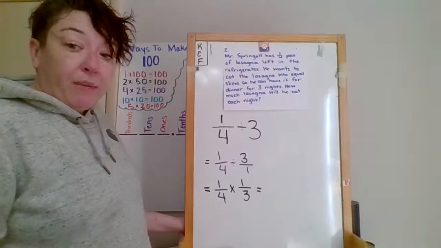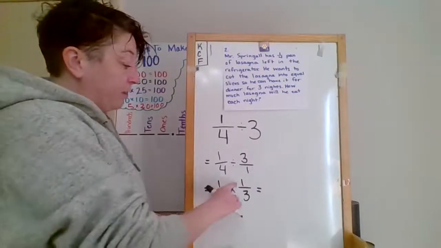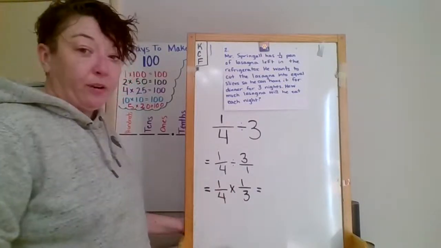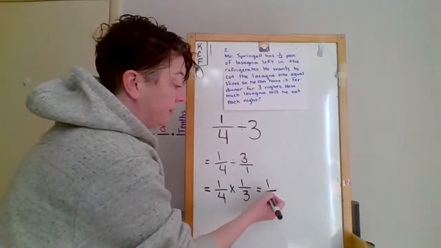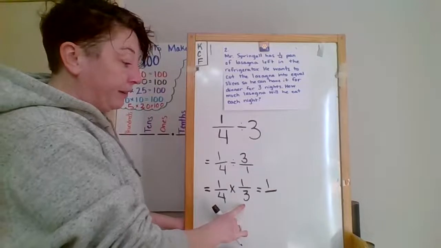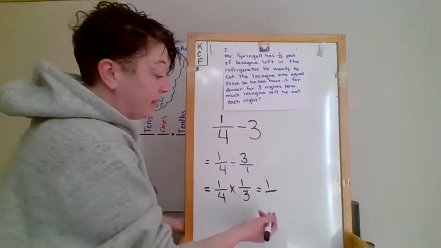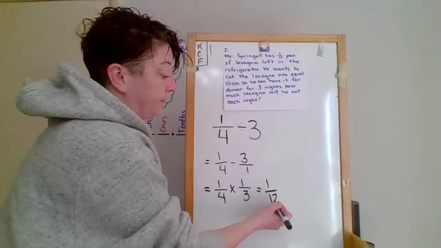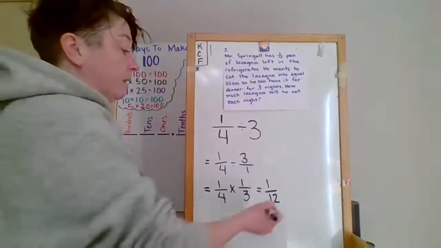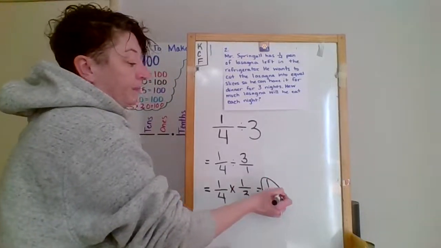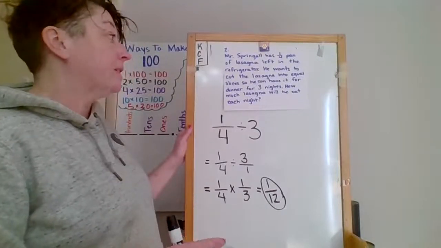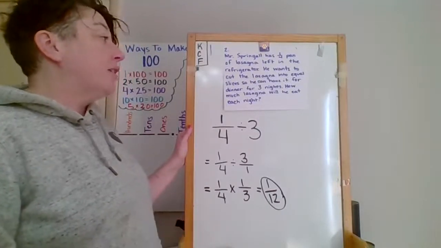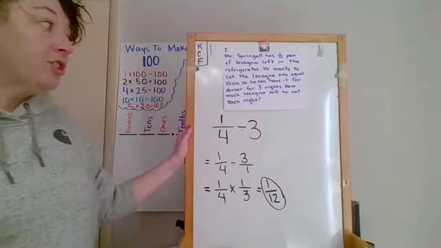Now to multiply my fractions, I multiply the numerator times the numerator. So 1 times 1 is 1. And then 4 times 3 is 12. So this is my answer, 1/12. So let's review what the question was asking us so we can write a statement. How much lasagna will he eat each night?